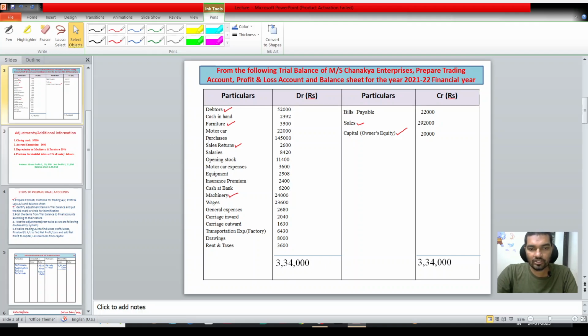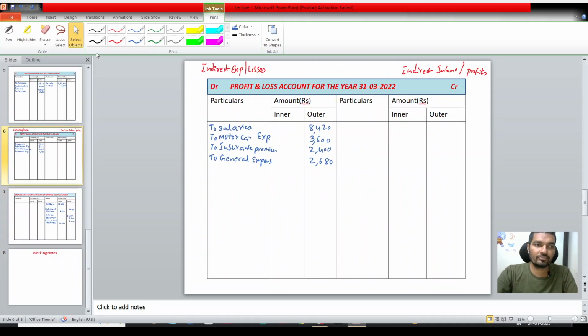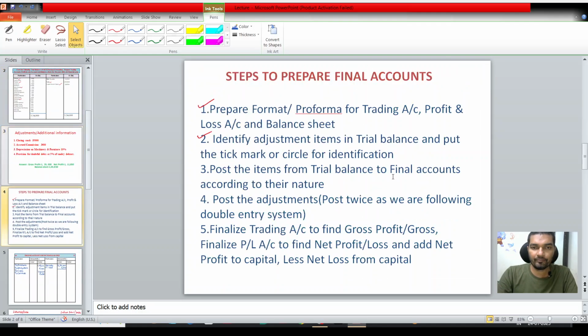Carriage outward is also called as carriage on sales. All the indirect expenses will be shown P&L account debit side. Carriage outward, the amount of carriage outward 1630.